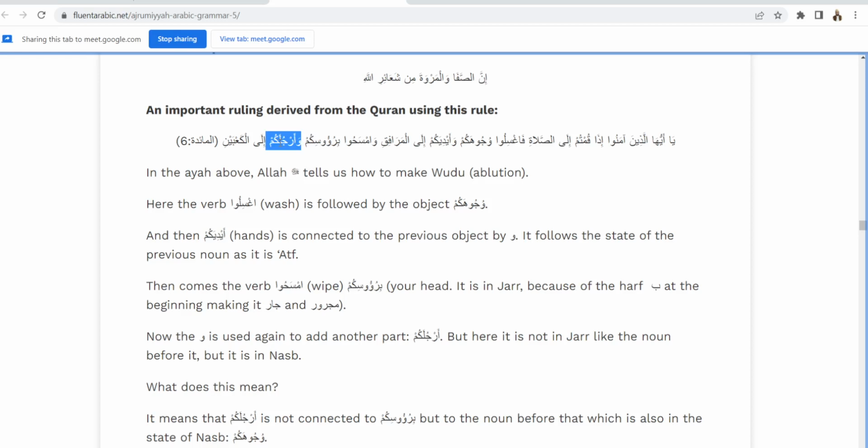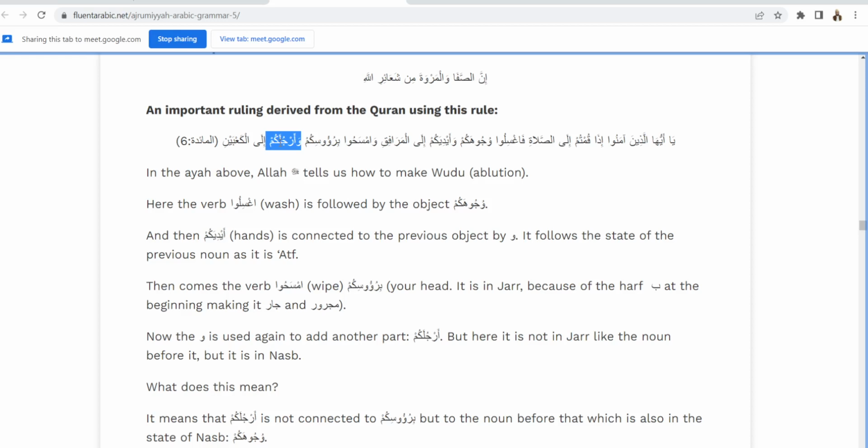So this is clear. Because the letter of عطف came, and afterward the noun follows the noun which comes before the واو of عطف. This is very easy, like we took before in الصفا والمروة.